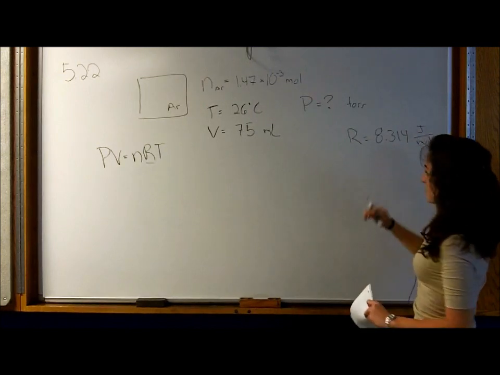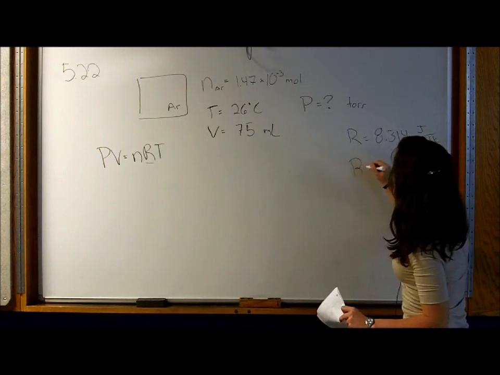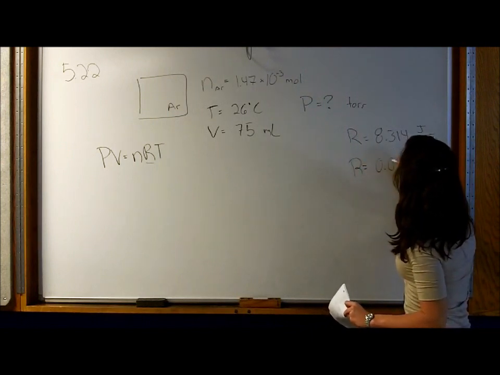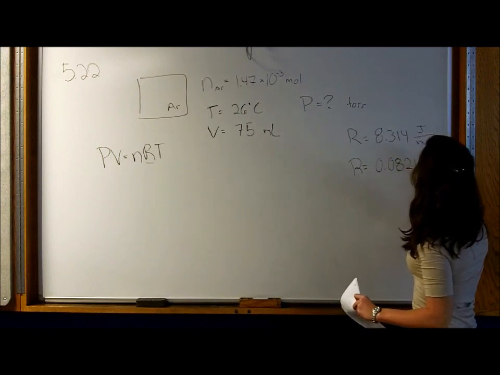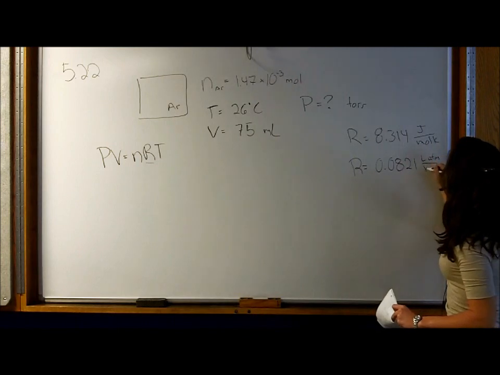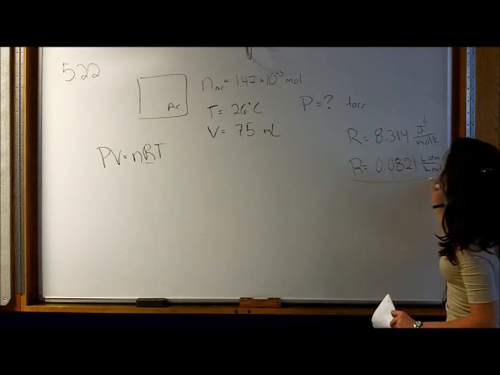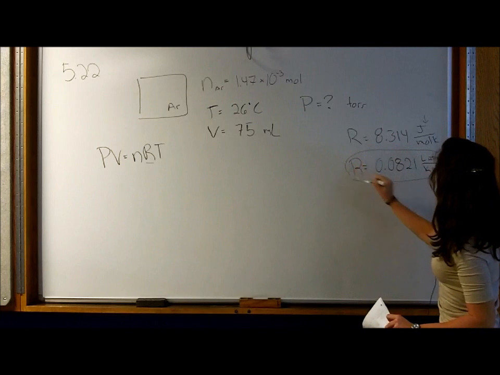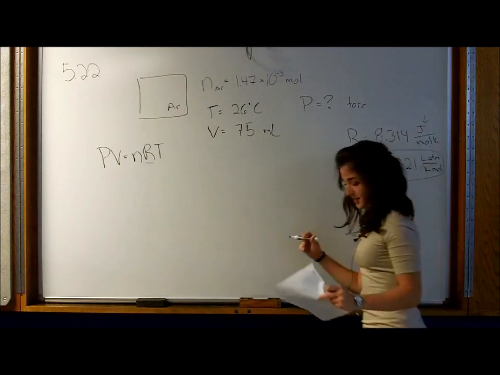This you guys used in previous chapters. And for this chapter, you also have R equals 0.0821 liters atmospheres over Kelvin moles. Now this one has to do with energy, so we're not going to use it. We're going to use this one because it's got volume, pressure, and temperature in moles in here.